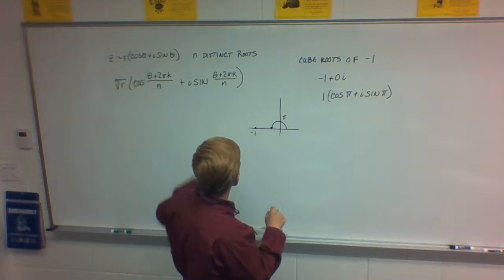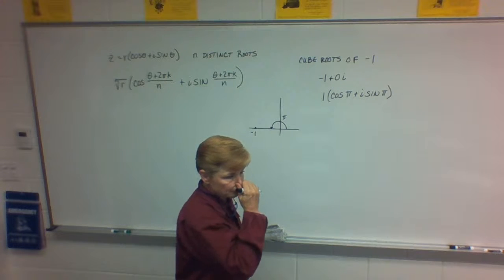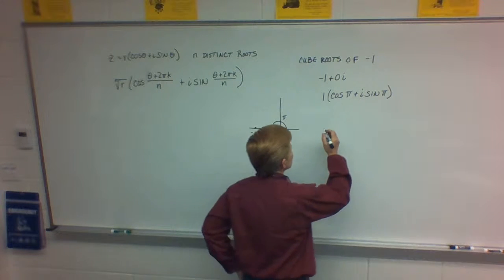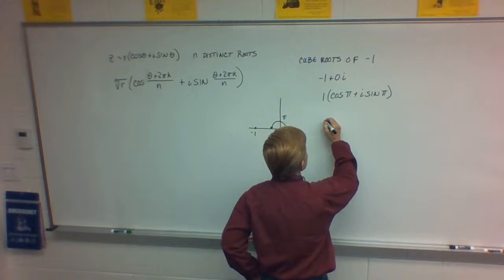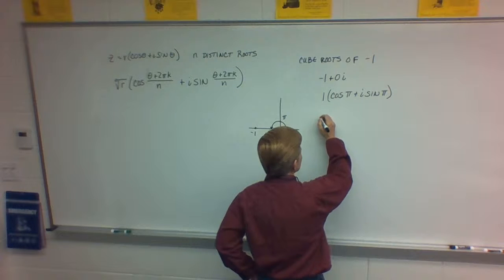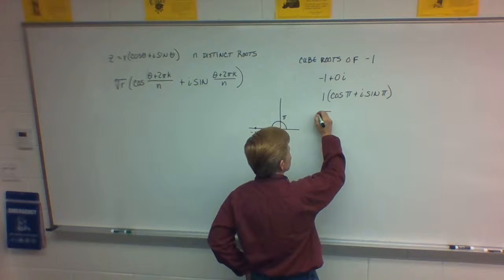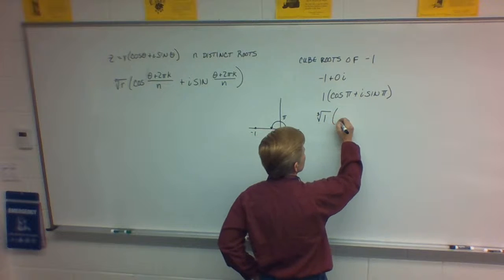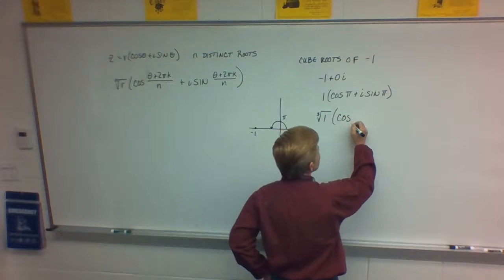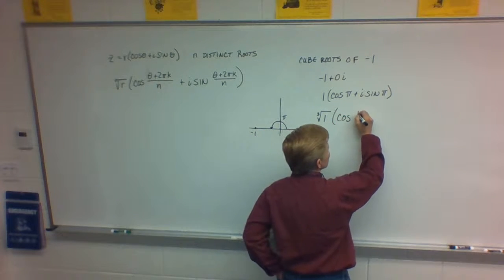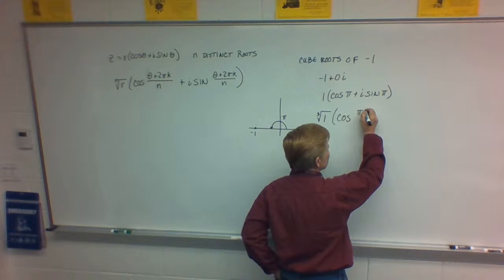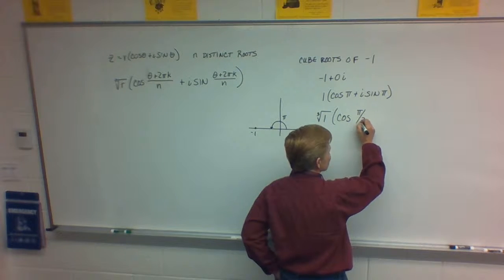Now to the cis form we apply the nth root theorem. So we have the cube root of 1, which is 1. I'm gonna put down exactly what we're doing. We're following it, but I'm not gonna do that anymore after this. So it's the cube root of 1. And then the cosine of pi thirds.